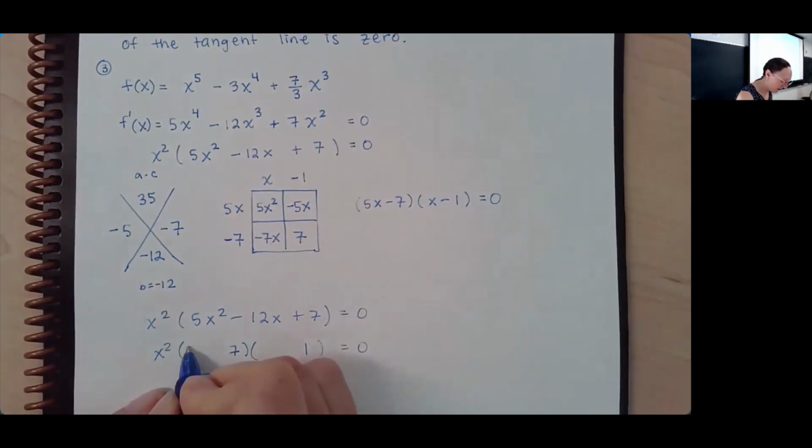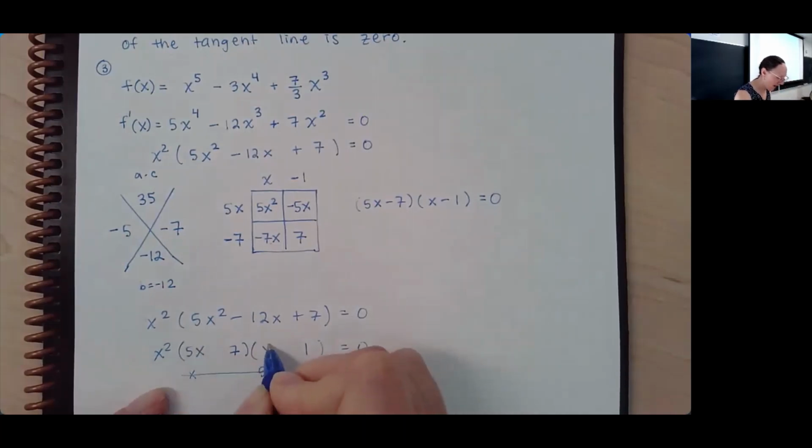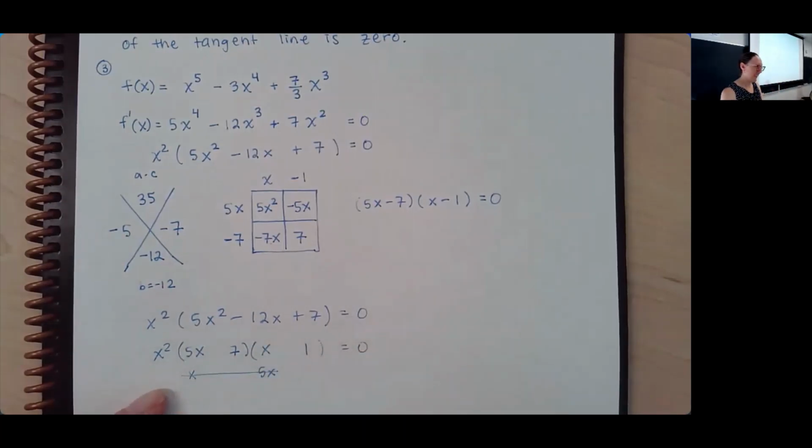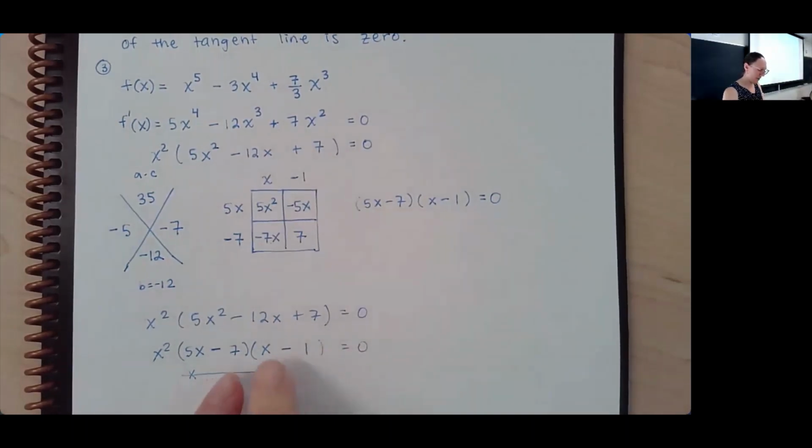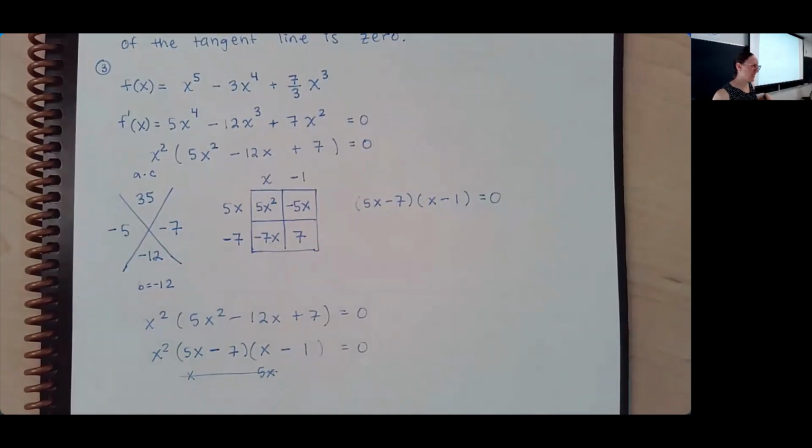I would have to put in the 5x and the 1x. And then I just have to mess with the plus or minus signs to get me to the negative 12. And that's where I would need both of these to be negative in order to have the negative 7x and the negative 5x. Again, none of that is calculus stuff.